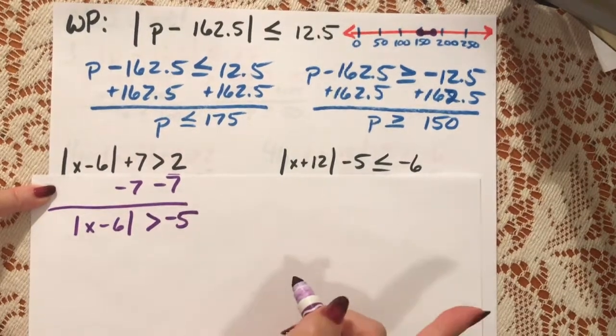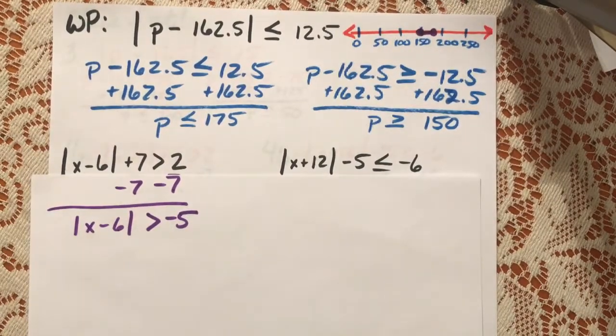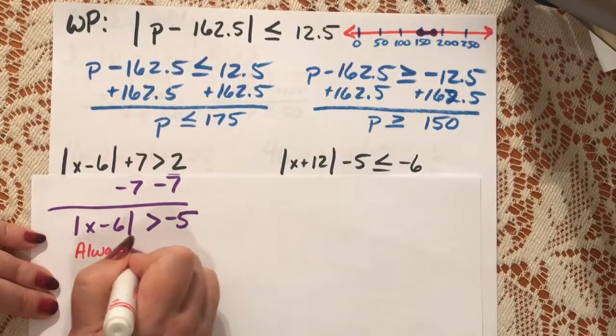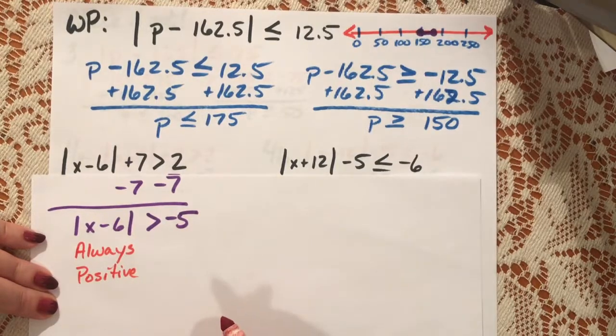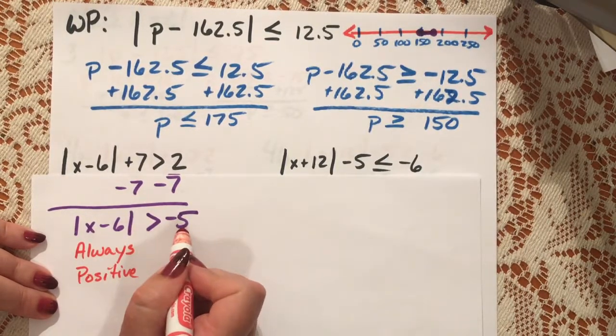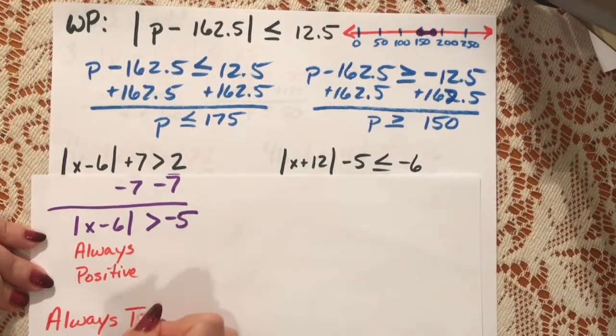And here's what I want you to see. An absolute value of something is always positive. And to say that the absolute value of something is going to be greater than negative 5 is going to be always true.